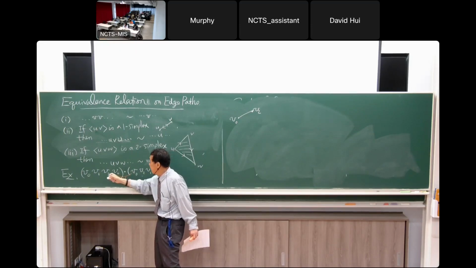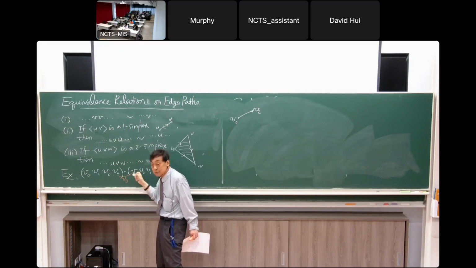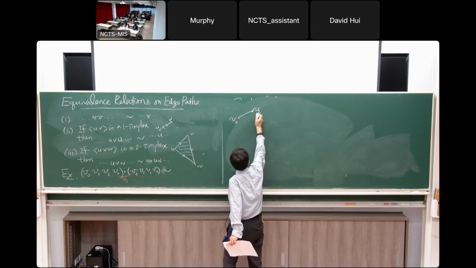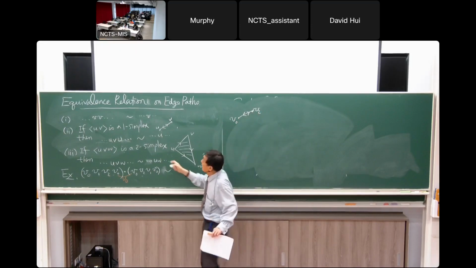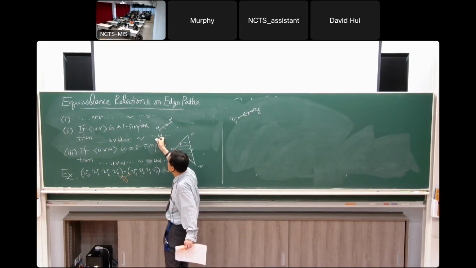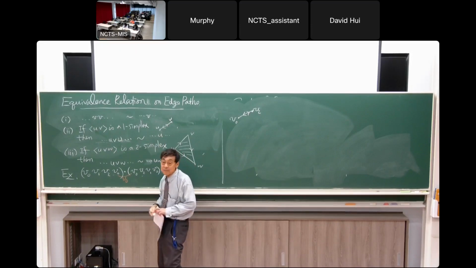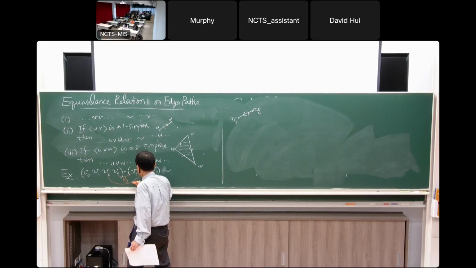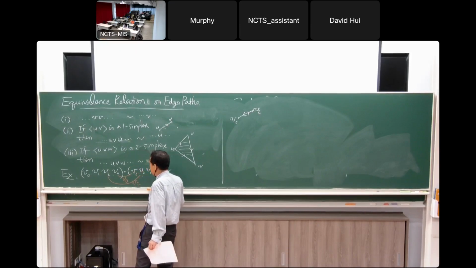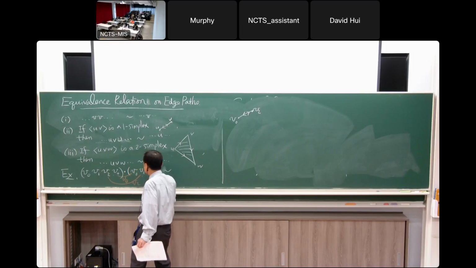So if you do V2, V0, V2, that means you're going V2, V0, V2, okay? So that is just going to be V2. And then you have V1, V2, V1.